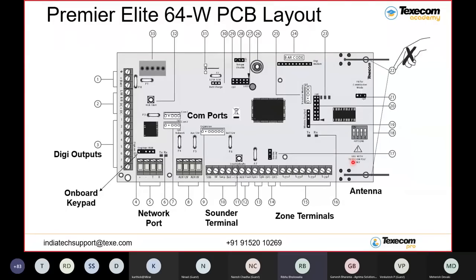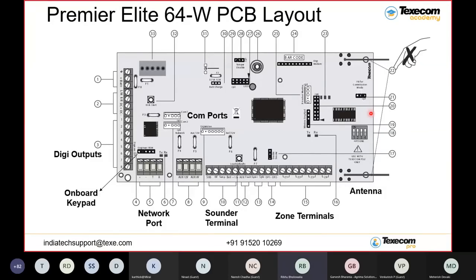Okay. Now, after that, whenever I'm connecting any additional expander to my control panel, that expander will take the zones from zone number 41, because up to 40 zones, my wireless zones are consumed.